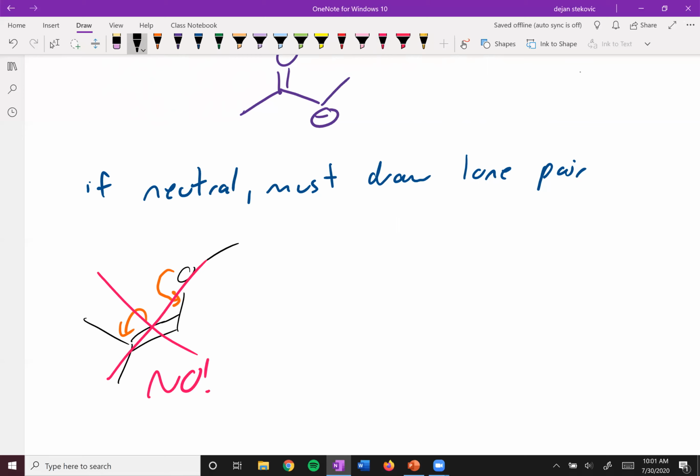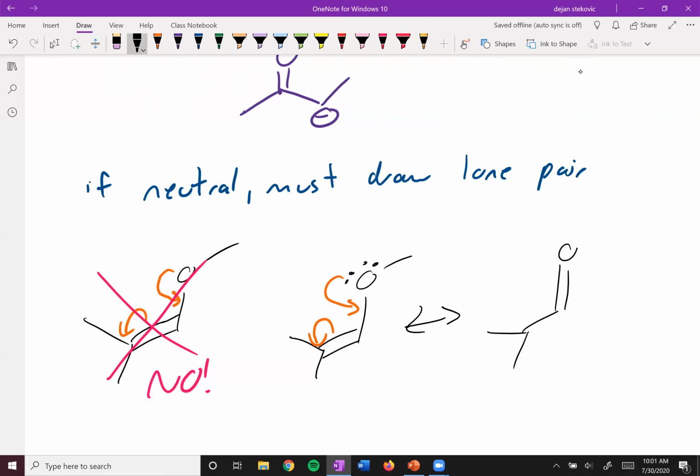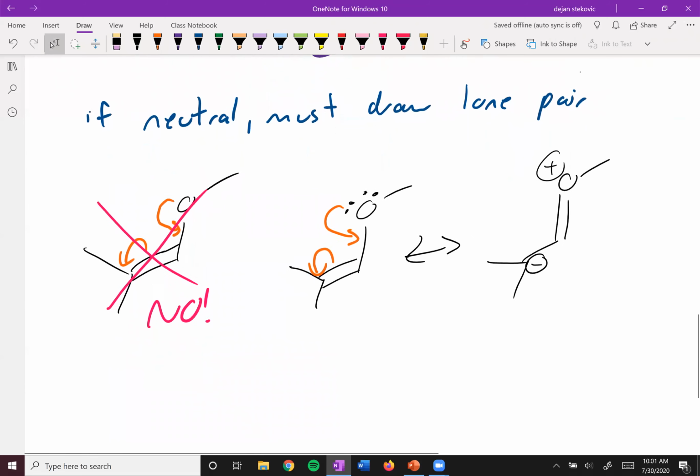You must explicitly show the lone pairs. You don't have to show both of them. You can just show one of them, but you have to show a lone pair, right? That moves there, then that moves there, and then we get a nice resonance structure. We get that structure right there.